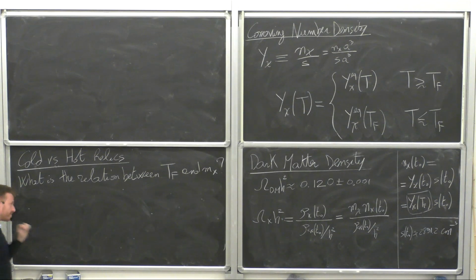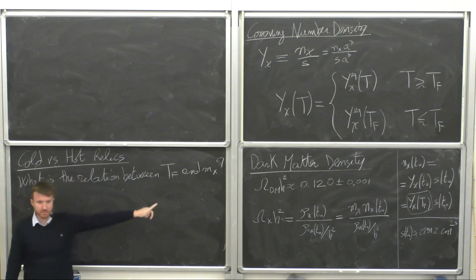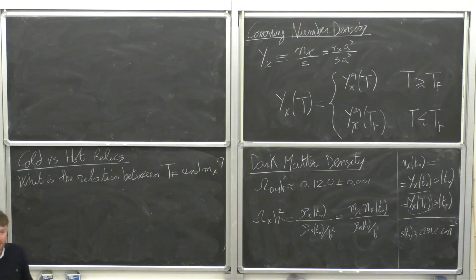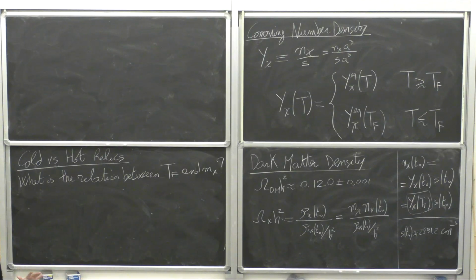But it's important to spend a few words about hot relics, particles that decouple when the temperature is much larger than the mass. Why is this important? Any idea? Any known candidate that has this? The neutrinos, so they exist for sure, okay? They exist, they decouple at the MeV scale.